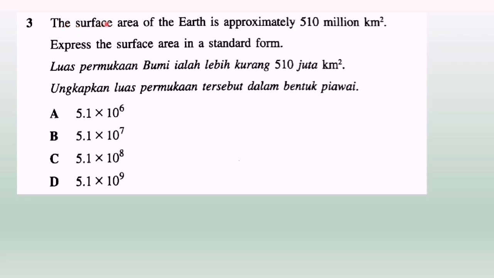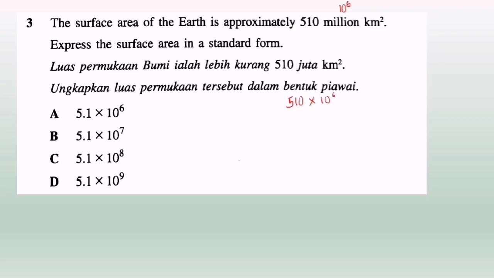Question number 3. The surface area of the Earth is approximately 510 million kilometers square. Express the surface area in a standard form. So first, million is 10 power of 6. So 510 times 10 power of 6.